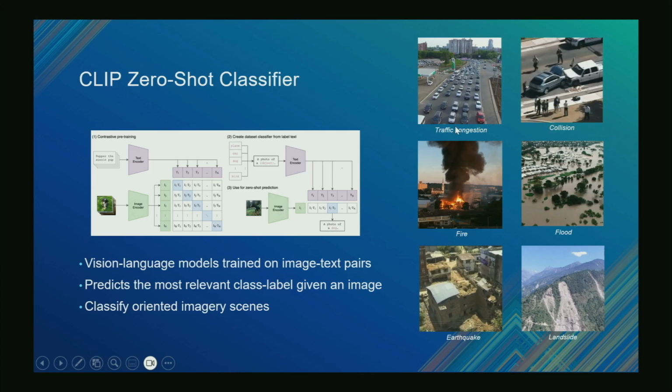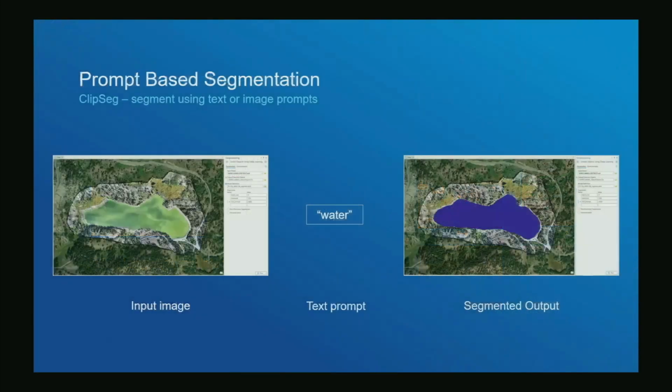And it would say it's congestion. So you just provide the possible labels, and it'll assign the closest label to what's in the imagery. It'll align the image with your text labels, and whatever has the most similarity will be the assigned label. So it could be used for classifying images without training at all.